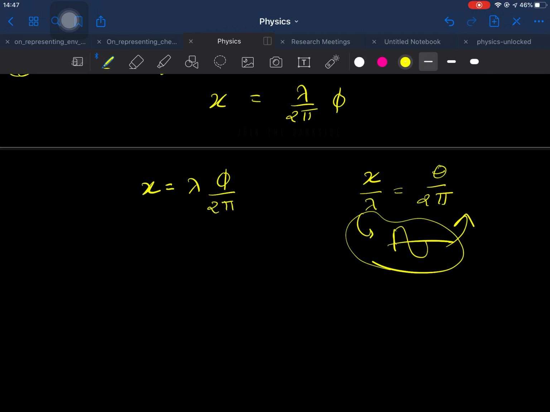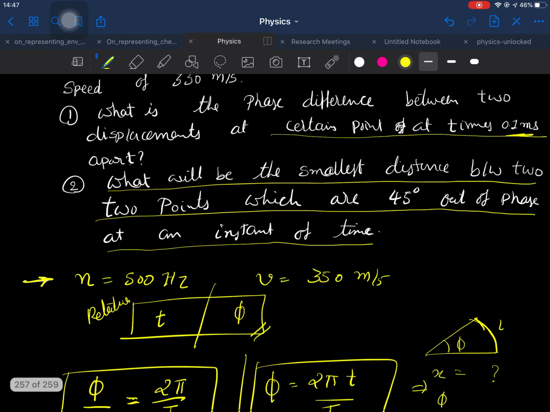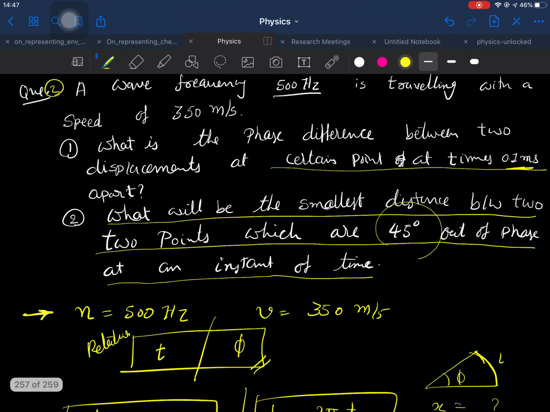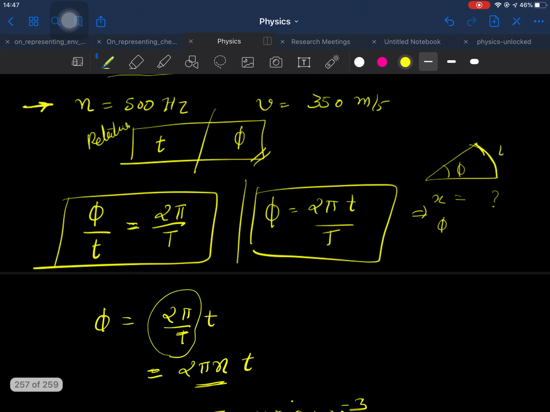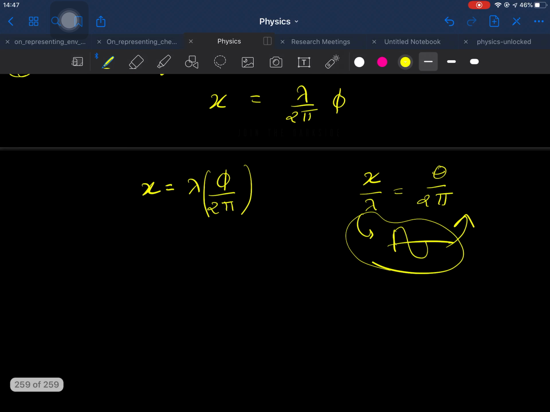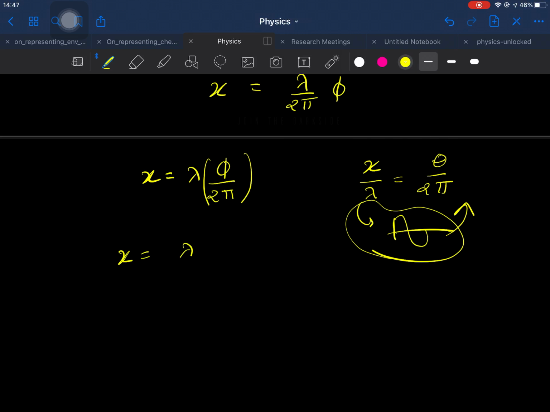They are already giving you 45 degrees out of phase. Remember, this phi is different than the previous one. I'm keeping everything in radians. Don't write 45 degrees, 45 degrees is equal to pi by 4 radian. Please don't make this mistake. So this pi gets cut, and x is equal to lambda by 8.